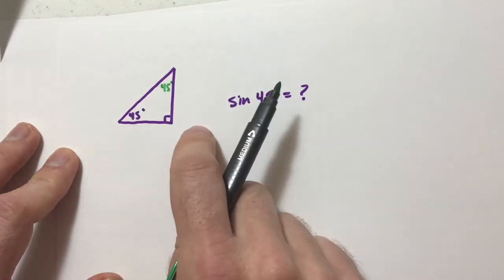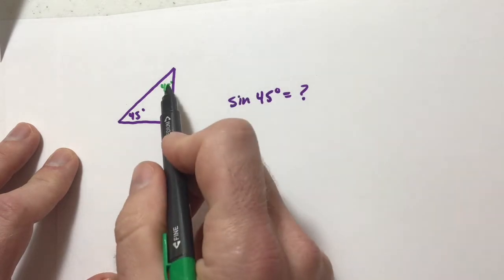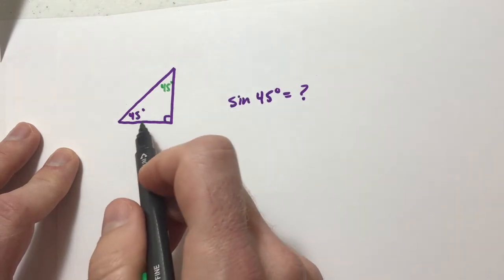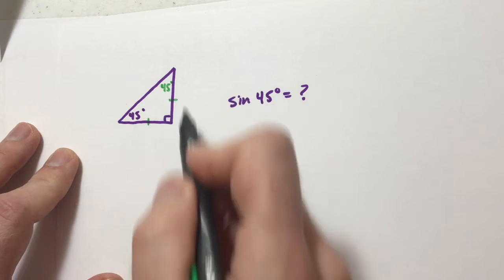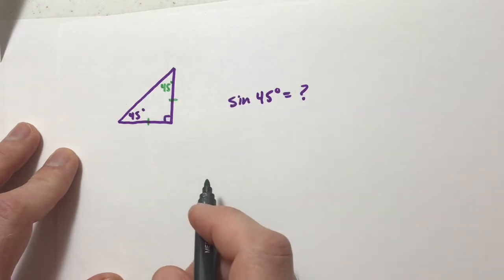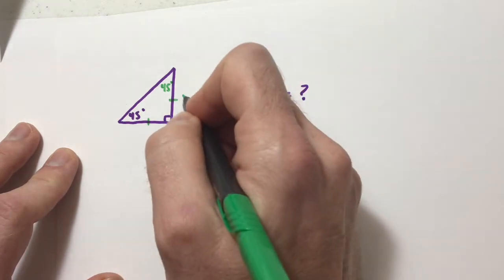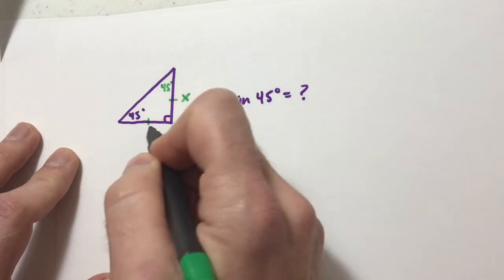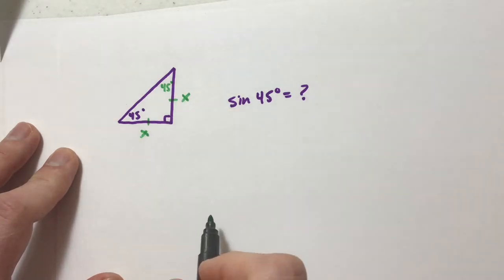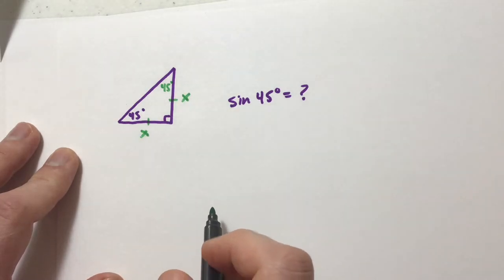That means that this triangle is very special. It's isosceles. It has two angles that are the same, which means that these two sides are the same, which means that whatever that side length is, I'll call it x, so is this side length.